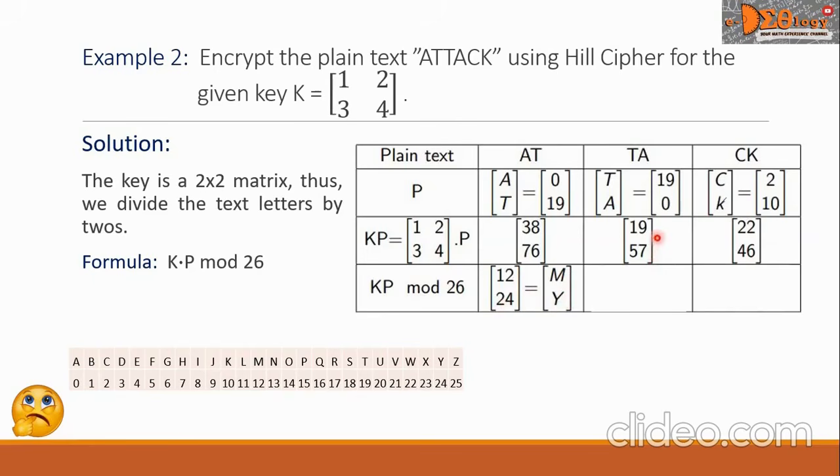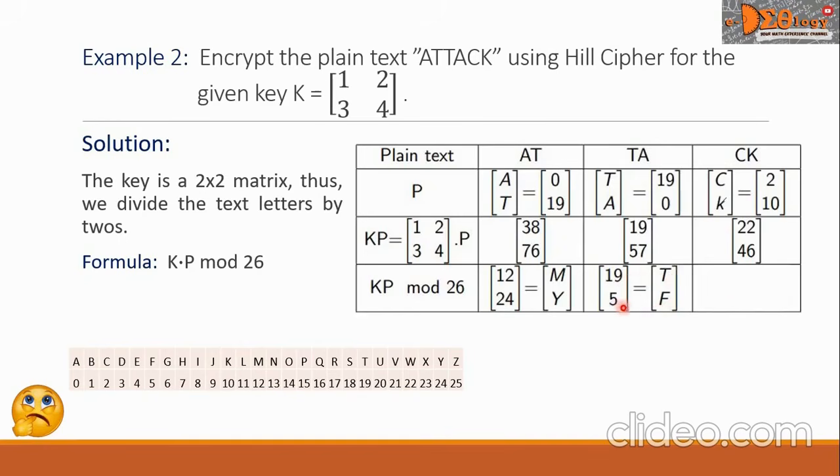Then we go to this matrix 19 and 57. So we write here 19 mod 26 equals 19, 57 mod 26 equals 5. The values 19 and 5 we write as column matrix. Then we return the alphabet value for 19 and 5 respectively. And these are T for 19, F for 5.